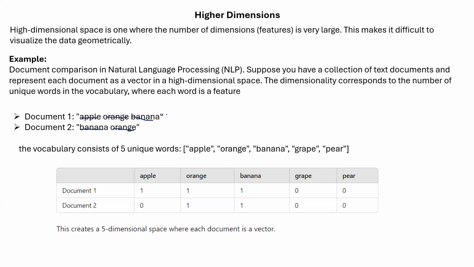Let's suppose you also have grape and pear. Grape is also there in the first document, and pear as well. Or else you can just ignore that.